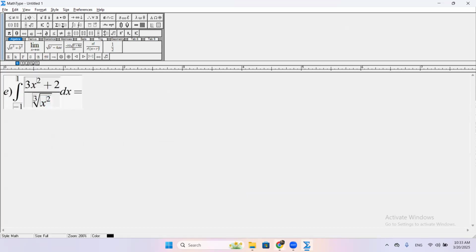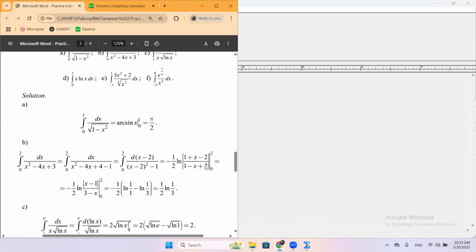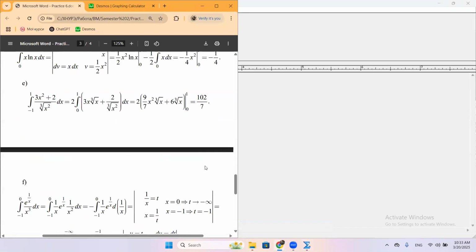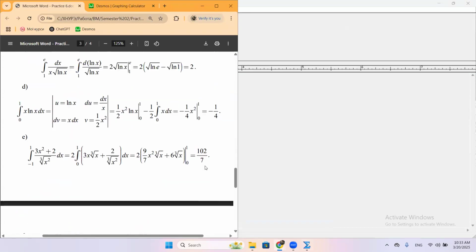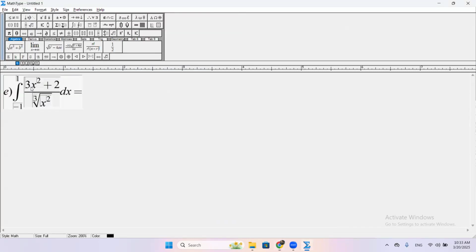By the way, we don't have to do substitutions, so let's write it as division. And by the way, the singularity point here is 0, so it is in the middle of the segment.